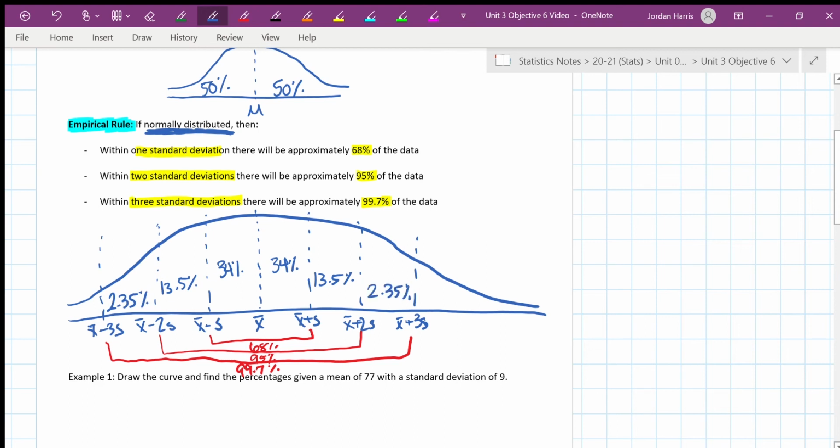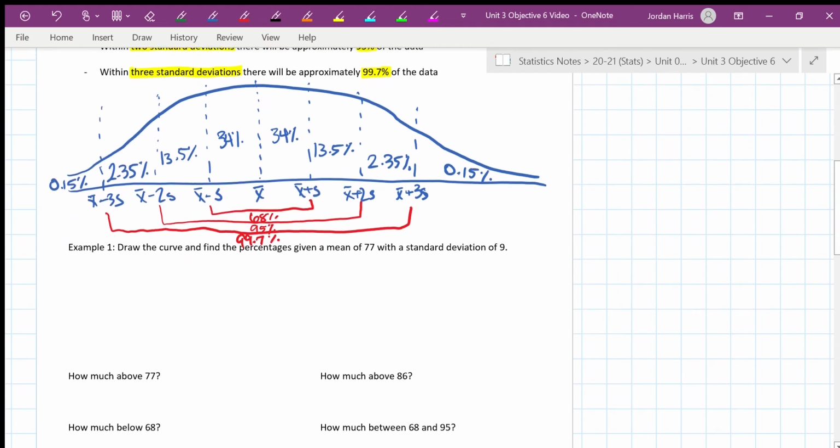And if you add it all up, you'd have 99.7% within that area. And then that leaves 0.15% in each tail. Clearly I did not draw this to scale. The tails should be the same size. But it's basically 0.3% split on each side. So 0.15% beyond that. Very, very small amount.